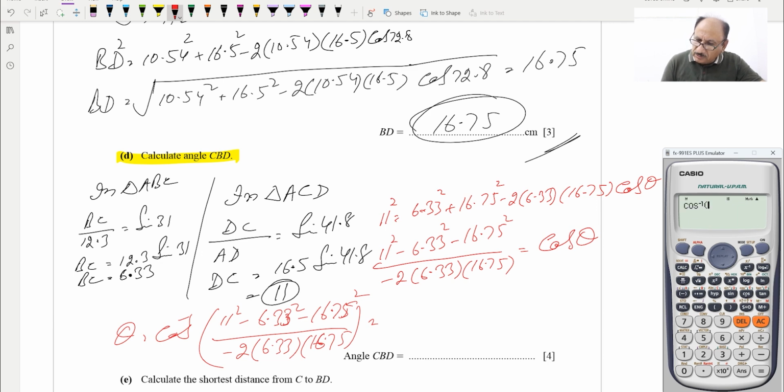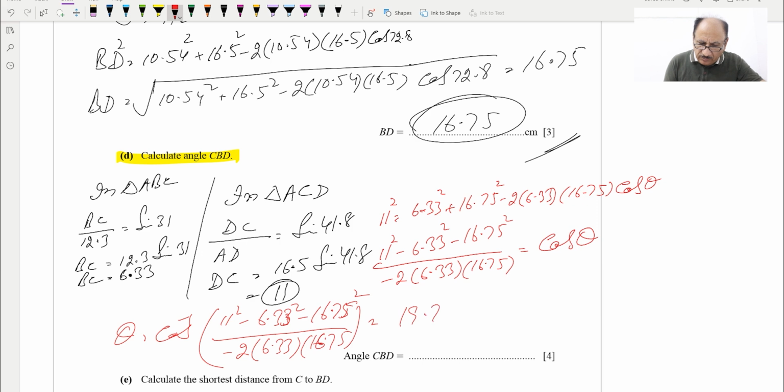Your calculator should be in degree mode. So 11 square minus 6.33 square minus 16.75 square, divided by minus 2 into brackets 6.33 into 16.75, bracket close, and this will be equal to 19.709. So you can write 19.71, and this will be the answer for 4 marks.